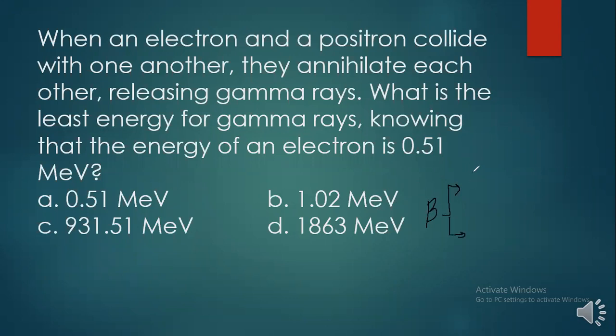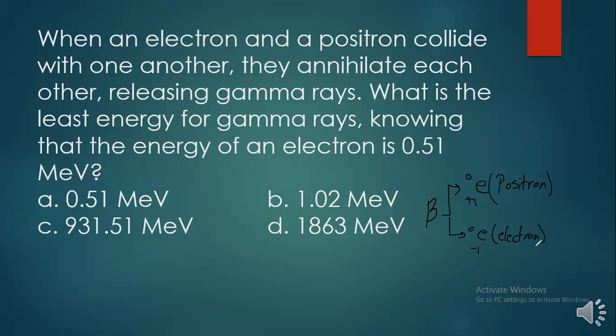We have positive beta particles, which is e plus 1, 0, called a positron. And we have e minus 1, 0, which is an electron.